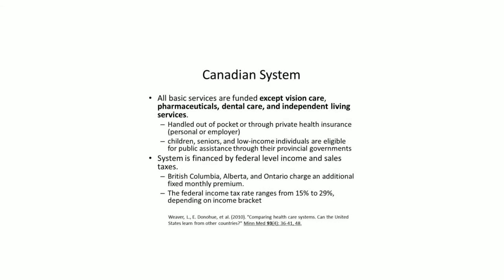Now, the healthcare system in Canada pretty much covers everything except issues around vision, dental, prescription drugs, and so forth. There are out-of-pocket insurance programs available that can cover those things, and they do have government programs for those who are low-income, children and so forth to cover those items as well.